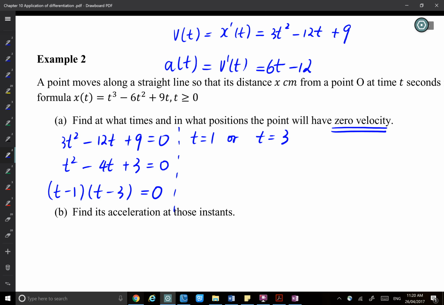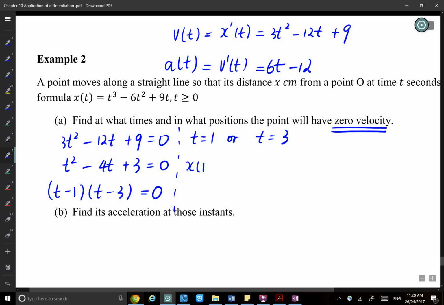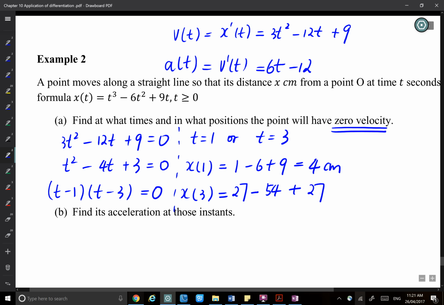And where is the particle? You will find the position by using the x(t) graph. x(1) equals 1 minus 6 plus 9, that equals 4 centimeters. And x(3) equals 3 cubed is 27, minus 6 times 9, 54, plus 27, that equals 0.